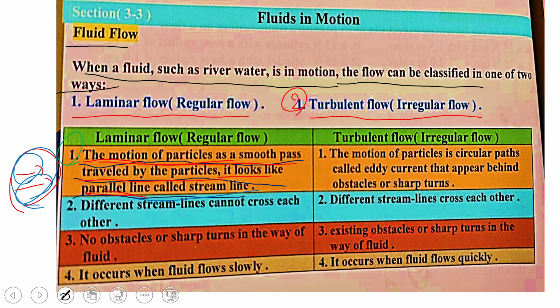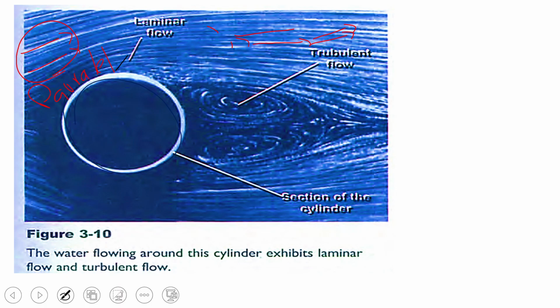So these two streamlines are parallel lines. So the first property of laminar flow: the direction is parallel, they are straight lines, they never intersect, they are moving in a straight line, not randomly.